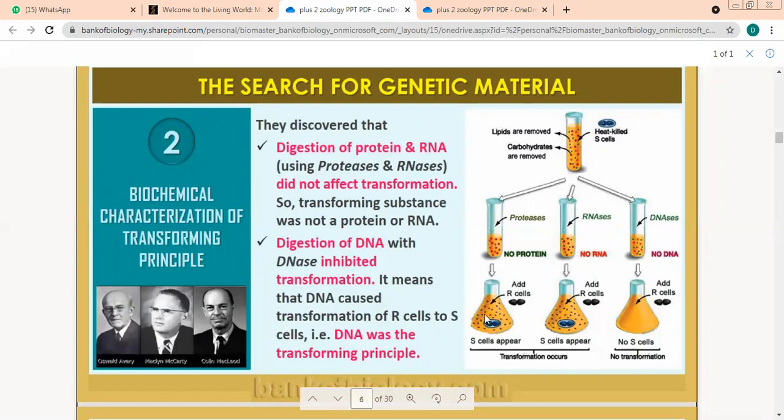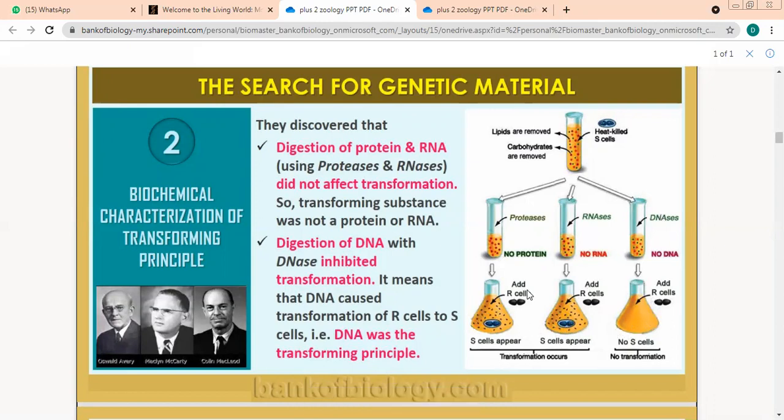S cells did not disappear. Okay, Anshika does not know, but I'll tell her again once she joins. When we added RNases, again we saw that S cells still appear. But when we added DNases, S cells did not appear.